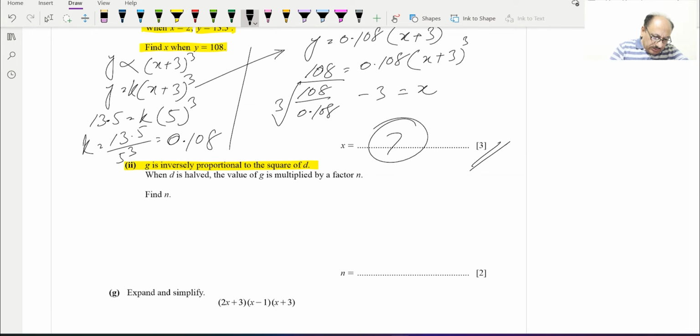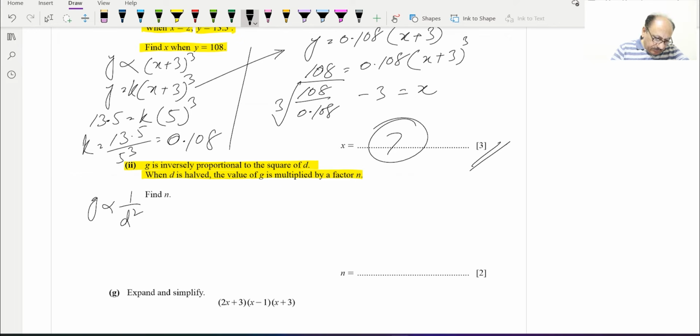So we can write g is inversely proportional to the square of d, and when d is halved, the value of g is multiplied by a factor of n. So ng is the value of g when d is halved.